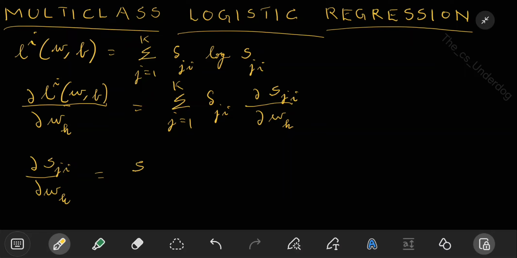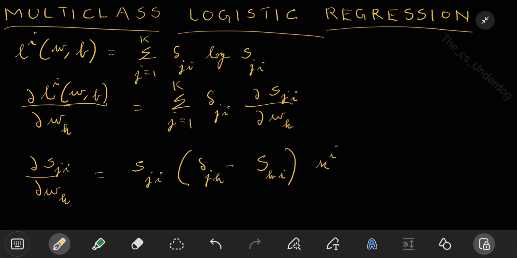If I take the derivative, what will it become? It will become Sji into delta jk minus Ski into, then inside the softmax I have the xi term, so that I'll take outside here into xi.